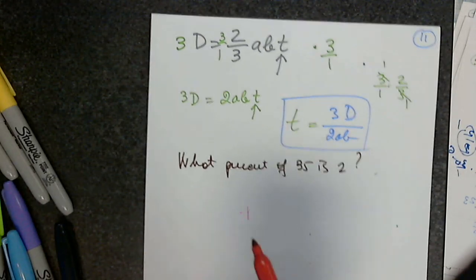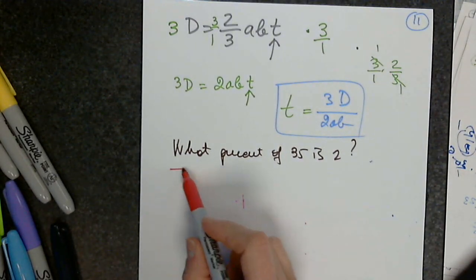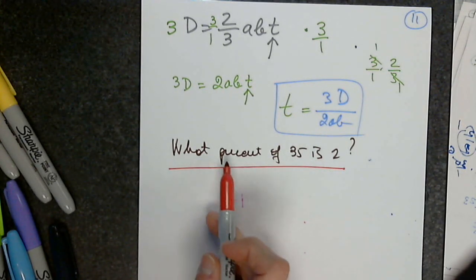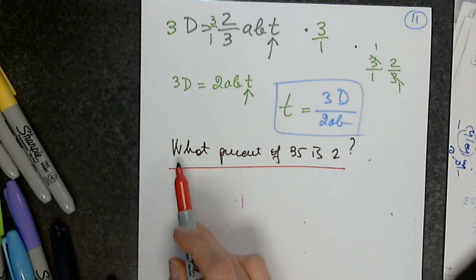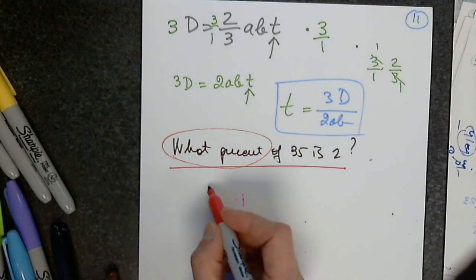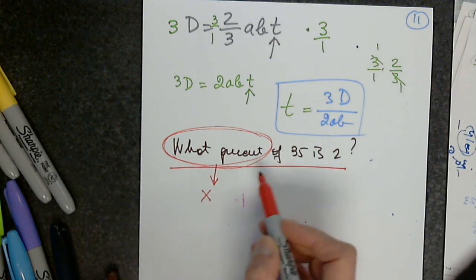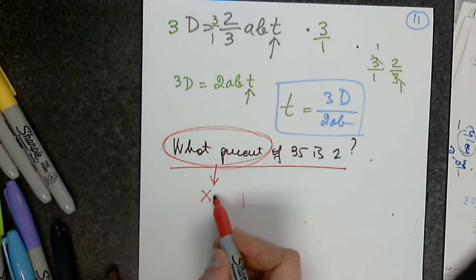Would it be 2 divided by 35? Yes, but I have to write the equation. What percent? So how do I replace this? 2 equals 35. What do I replace this by? It's x. Good. Of. What operation is of?